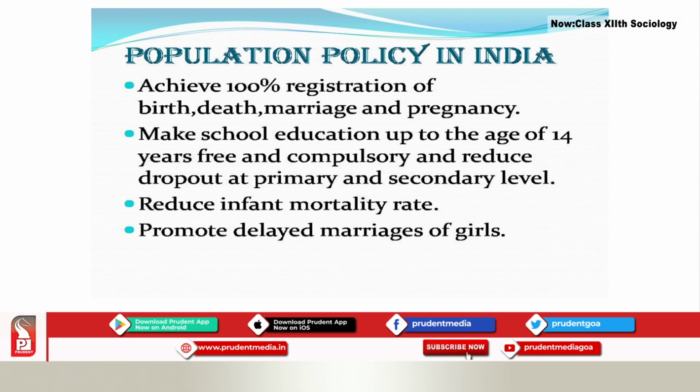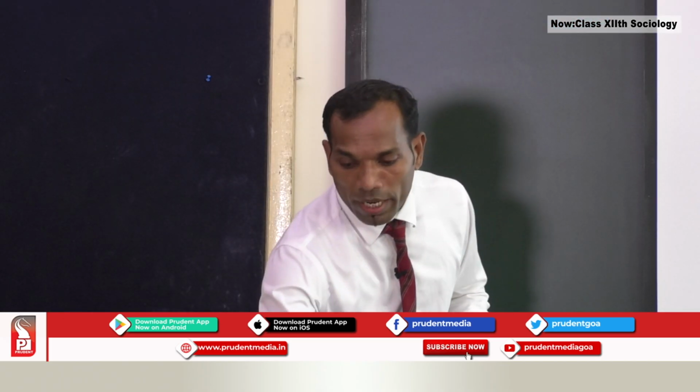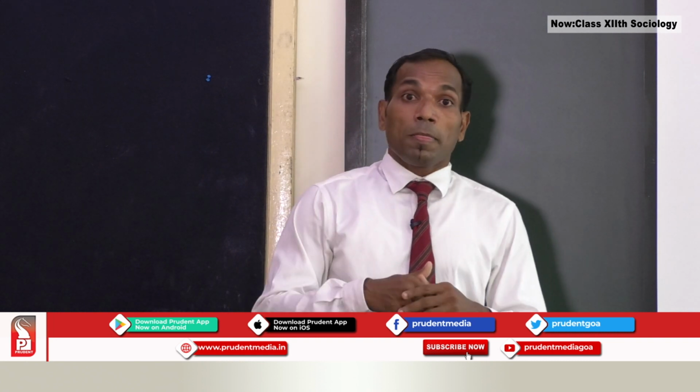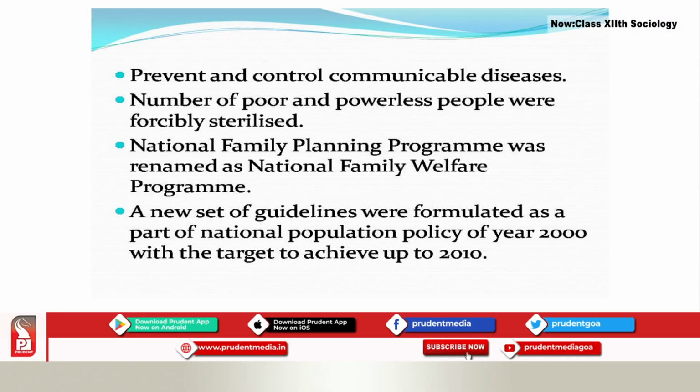Promote delayed marriages for girls so that we can have some sort of control on the growth rate of population. Next, we have to prevent and control communicable diseases. There are so many diseases, so we need to prevent those diseases. A number of poor and powerless people were forcibly sterilized.